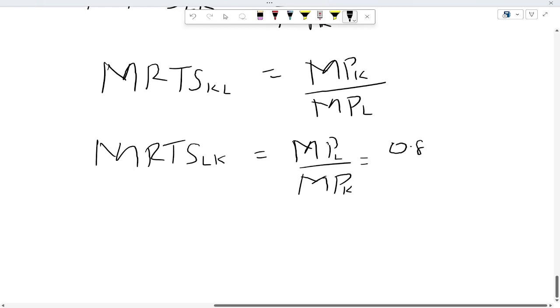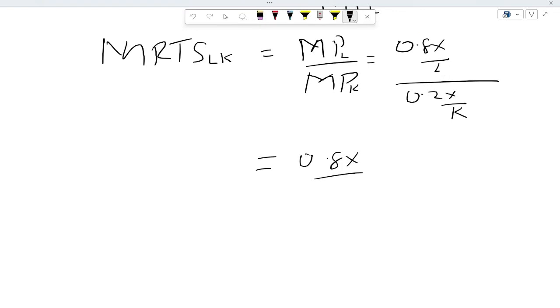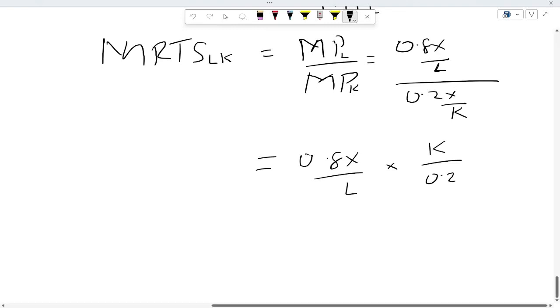So you just use 0.8x over L, all over 0.2x over K. So what you do is bring them up. This is L, not 4. This is L. So you have this. Now, since you are going to multiply, as they are coming up, they change. So you have K now as the numerator, x.